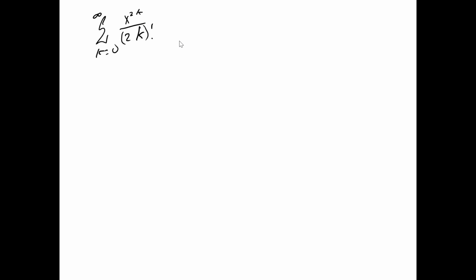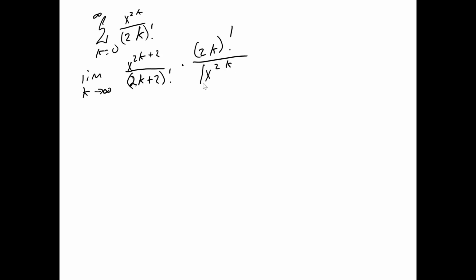And so then for the interval of convergence, you're going to use the ratio test, take the limit as k goes off to infinity of x to the 2k plus 2 all over 2k plus 2 factorial times the 2k factorial divided by x to the 2k, and don't forget the absolute value on the x.